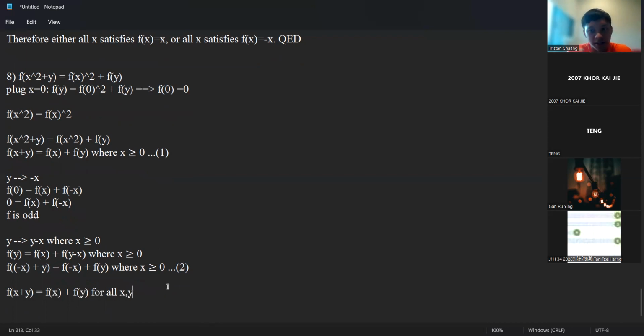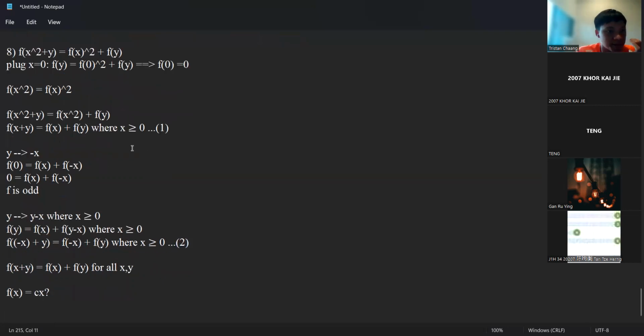But here's the thing, f is from R to R. So how do we make sure we know that f(x) is cx for all the real numbers? Remember what we did in the last lecture, we gave 3 conditions.